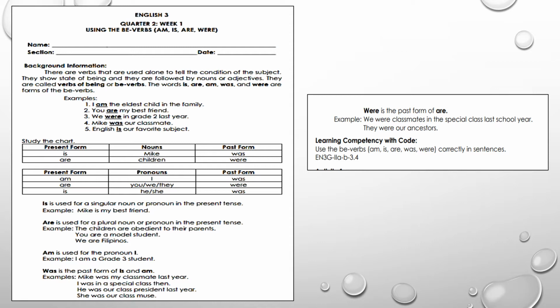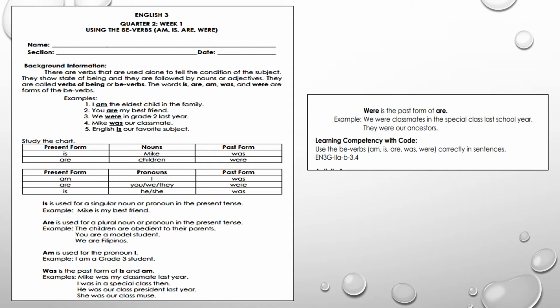Okay? Were is the past form of are. So, yun ang kanyang past form, ang are. So, kapag nangyari na siya, gamitin mo ang were kapalit dun sa salitang are. Example, we were classmates in the special class last school year. They were our ancestors.